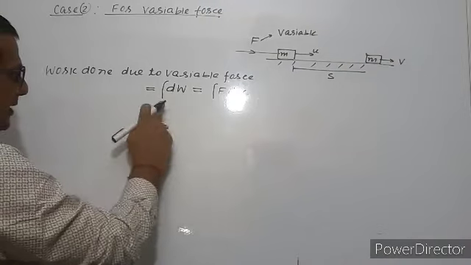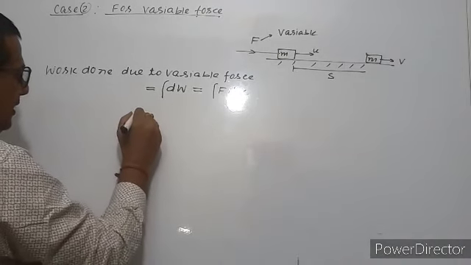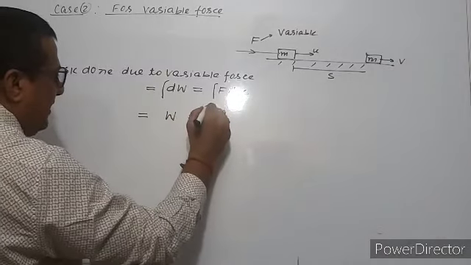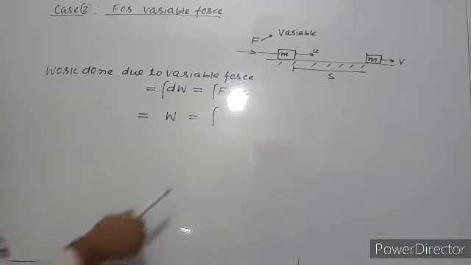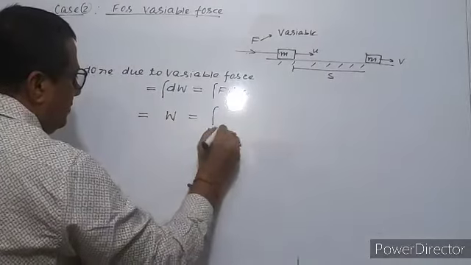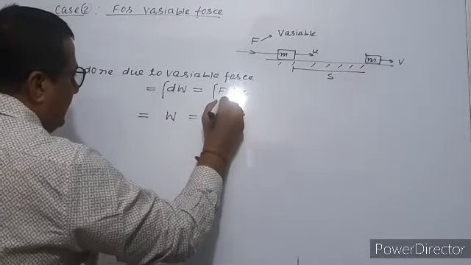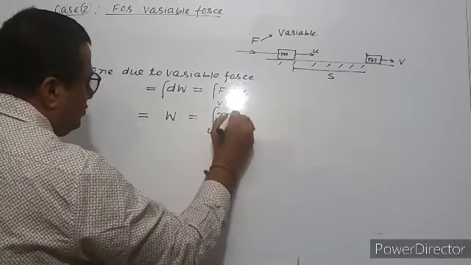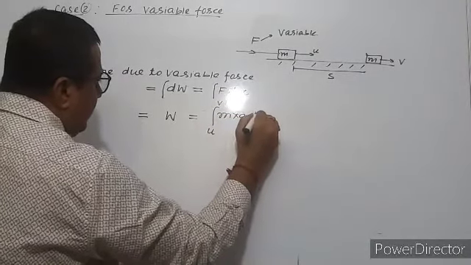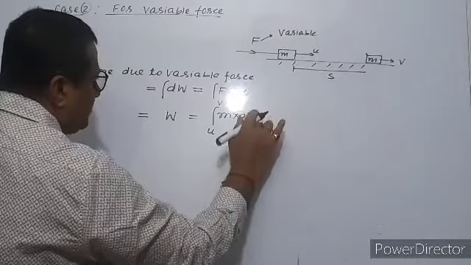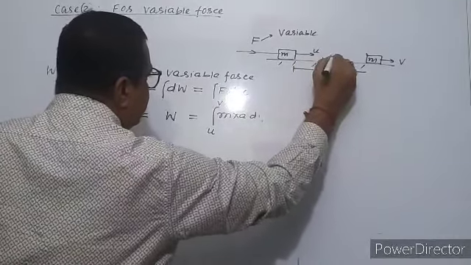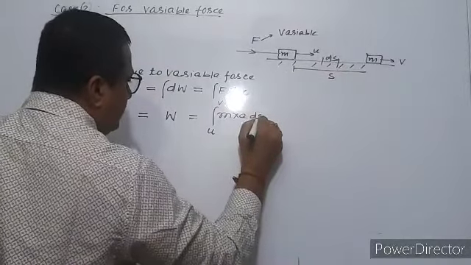This is the formula for variable force, where W is the work and F dx is the integrand. Here initial velocity is u and here final velocity is v. We can write mass into acceleration for F. In place of dx we can write ds.